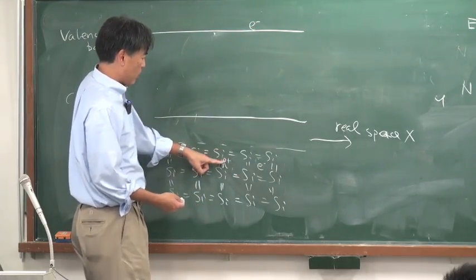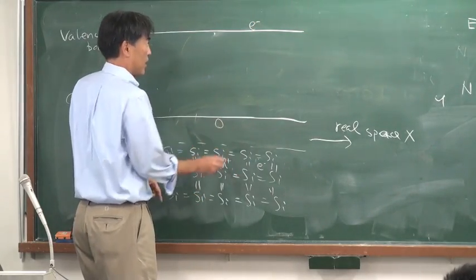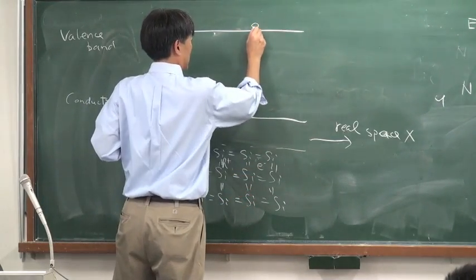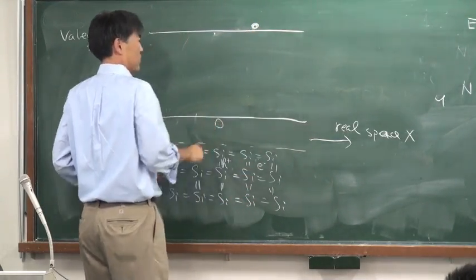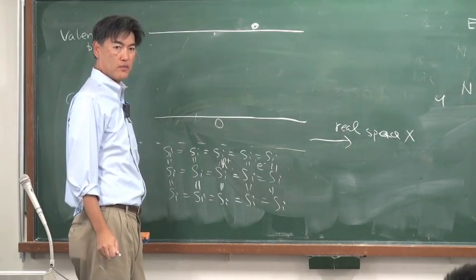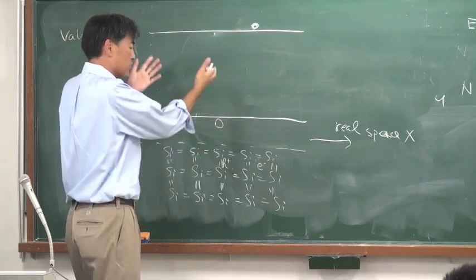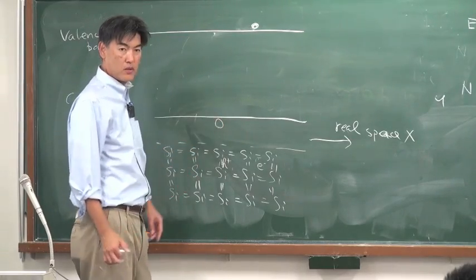And then the hole is here, so there's actually an empty state. Electrons and holes are here, okay? And if there's more, then we can actually make more.